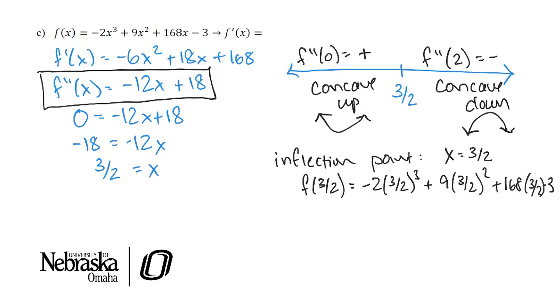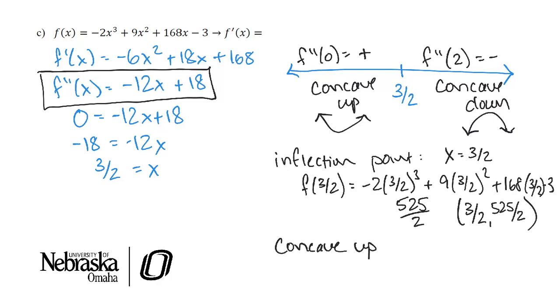And if you do that, we have 525 halves, or you can use a calculator and get a decimal value as well. It would be 262.5. So our inflection point is 3/2, 525 over 2. And then we are concave up from negative infinity to 3/2 and concave down from 3/2 to infinity.